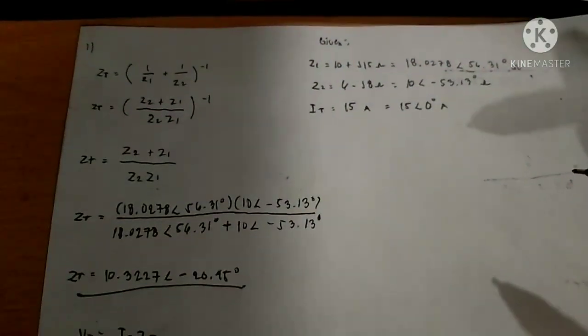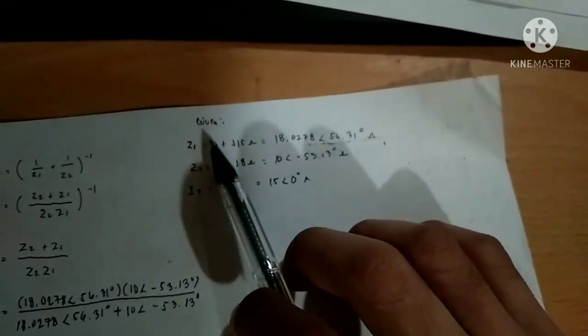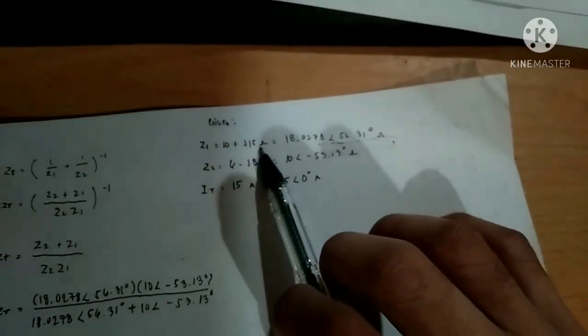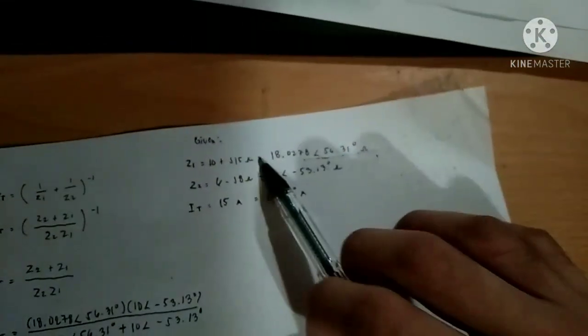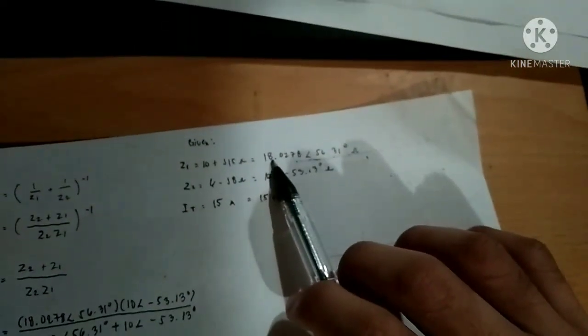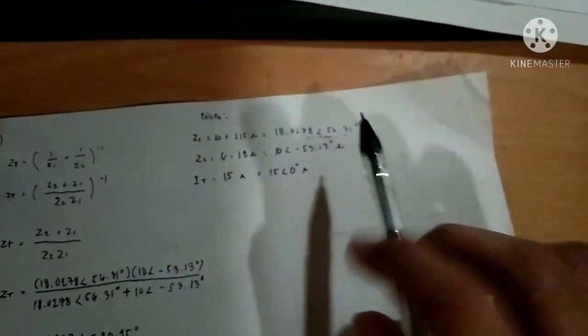So this is number 1. The first thing we have to do is look at the given, because we'll have to convert them, since this is in vector form. So Z1 is equivalent to 10 + j15 ohms. If we convert that using a calculator, it will equate to 18.0278 angle 56.31 degrees ohms. So that is our Z1.